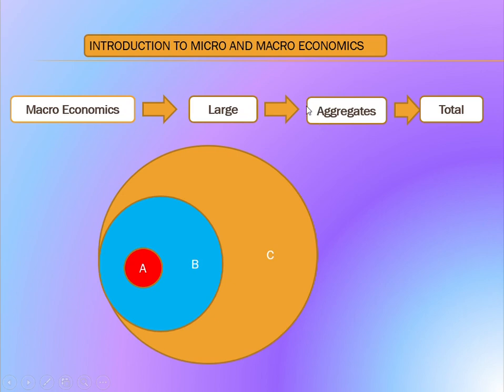We are considering the aggregate economic variables in this economics. Here we are considering the total economic variables in the economy. So, in simple words, we can define macroeconomics as the study of the economy as a whole.